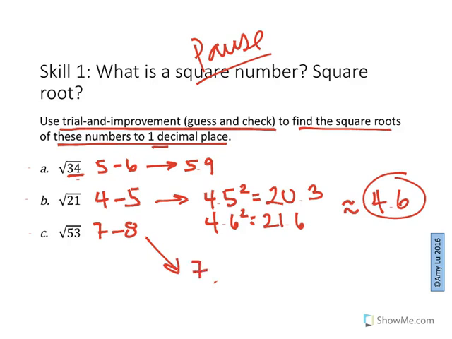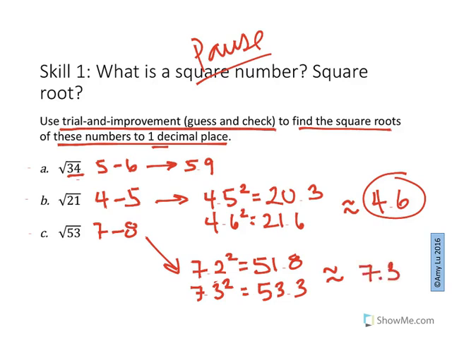In C, if you work with 7.2 squared, you'll get approximately 51.8. If you work with 7.3 squared, you'll get 53.3. So we can say that the square root of 53 is approximately 7.3.